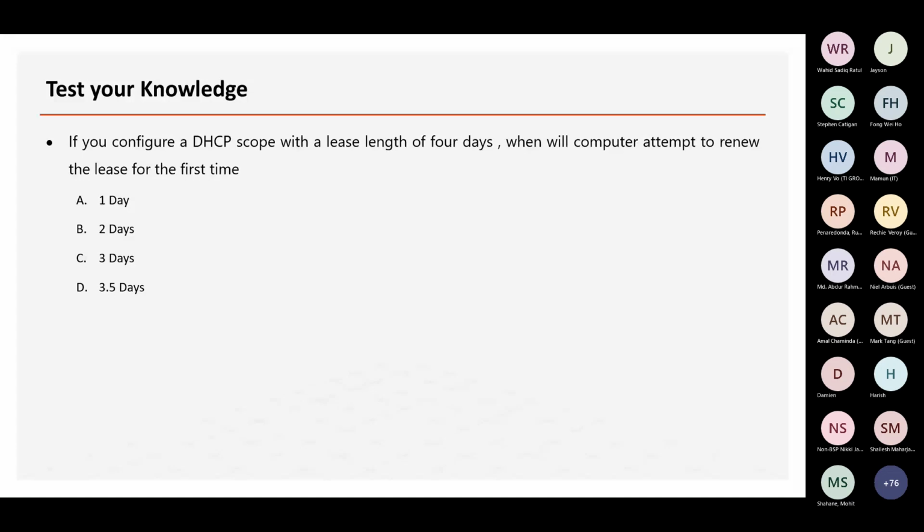I'm giving a scenario: you are at a customer place. You got an IP address and we have configured a lease duration of 4 days. When is it going to renew? A few people have commented on the chat about when it's going to renew the first time, not the second time. A few people have marked 3.5. So the question is, at which date or time does the first renewal happen? The answer for this question is 2 days. Thank you, team. Almost all the members have answered this right answer. Thank you for that.